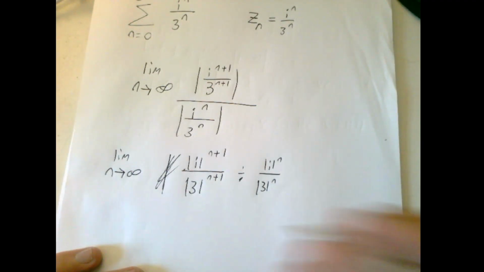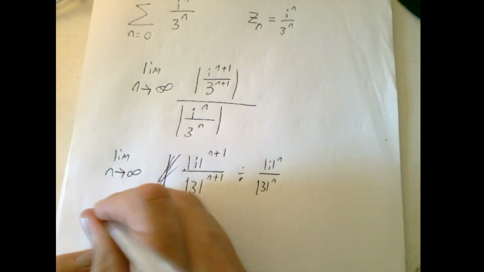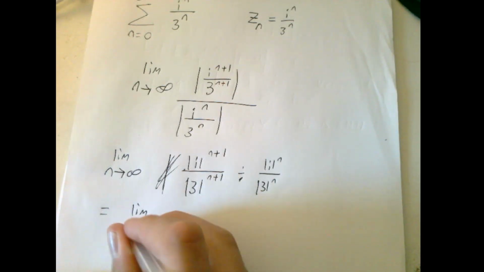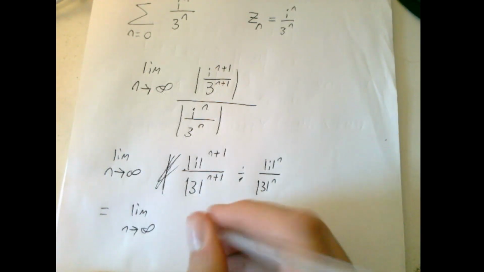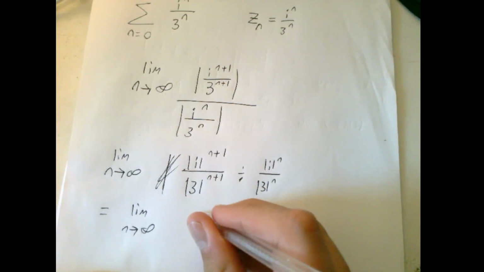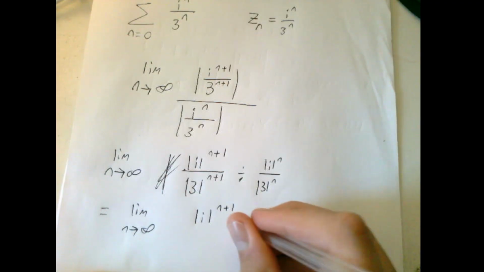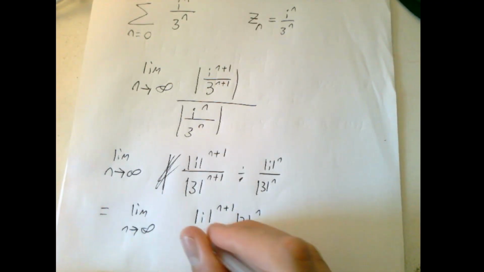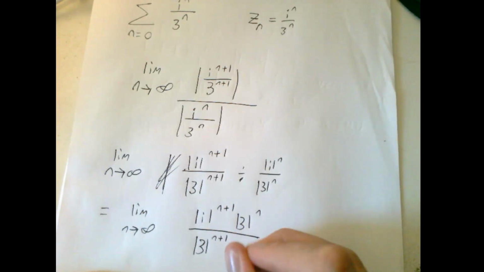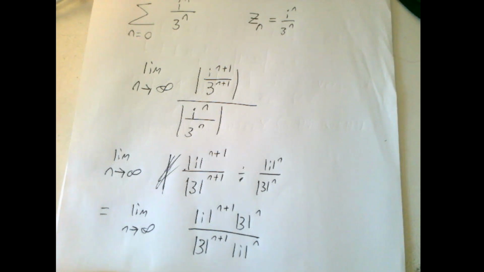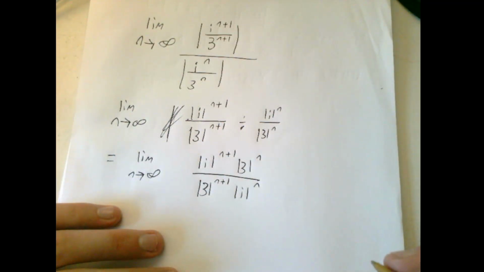And this is the same as multiplying by the flip of that, so 3^n over 3^(n+1) times i^(n+1) over i^n. And so we can just figure out the modulus of these.